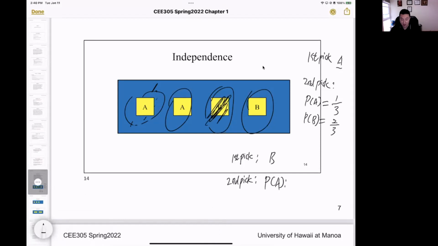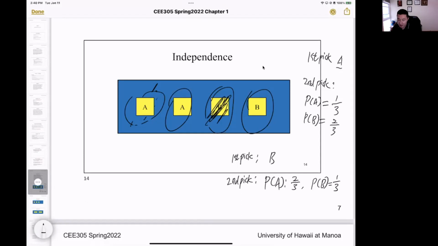Very easy. Right now we have 2 A's left and 1 B, so PA will be 2/3. And the probability we get a B will be 1/3, correct?